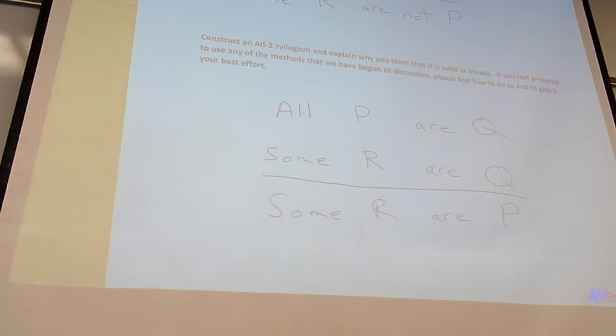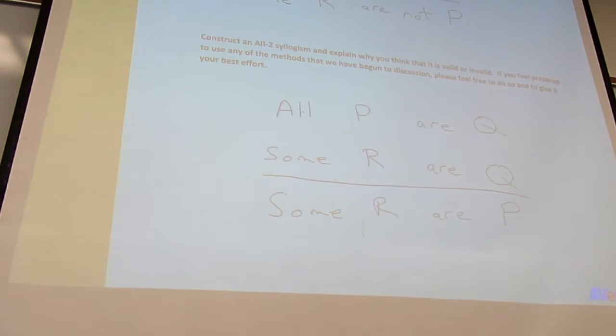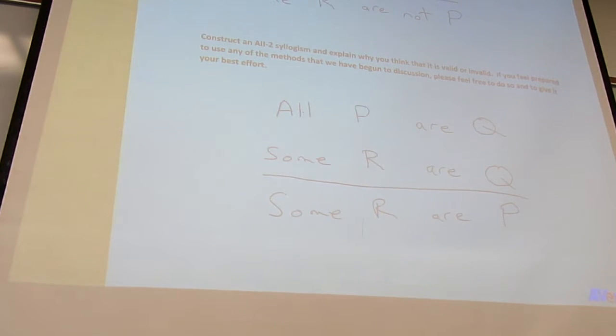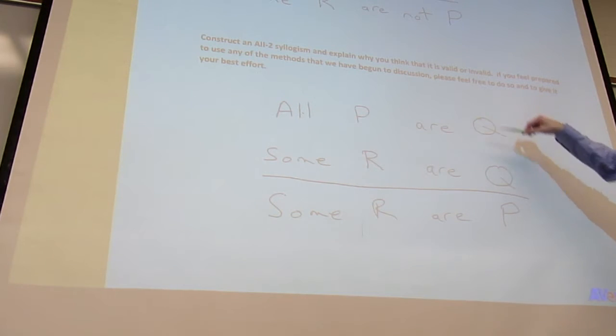This one is invalid. Now there was one trick that you technically already know for determining whether or not a syllogism is invalid. Remember the definition of validity. If a categorical syllogism is valid and its premises are true, then it's what? Then its conclusion will be true also. Now suppose we set up a syllogism that has true premises and we get a false conclusion.